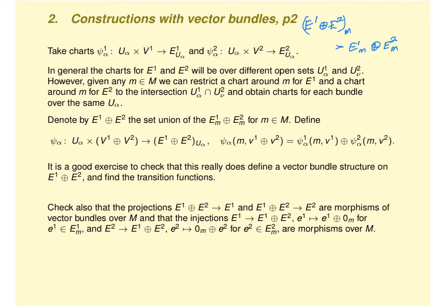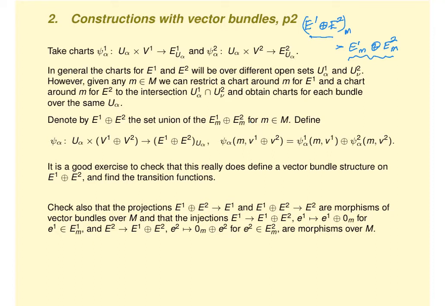And put that differently, by E1 sum E2, at the moment I just mean the disjoint sum of all these direct sums. So it's a disjoint sum of vector spaces. It's not yet a manifold. We'll put vector bundle charts on this set, and that will provide a manifold structure as well.